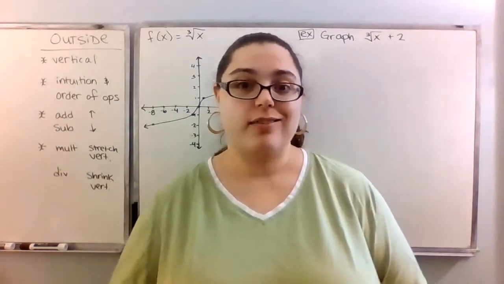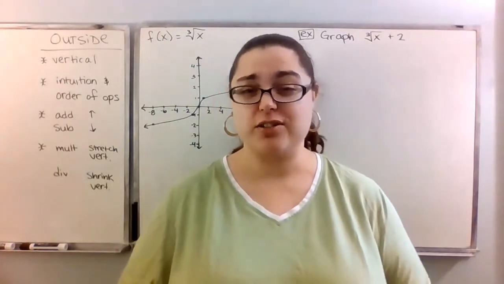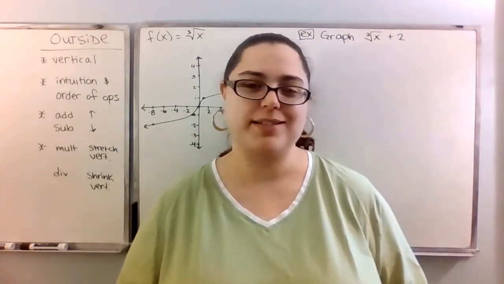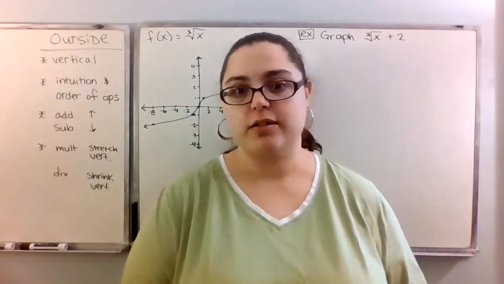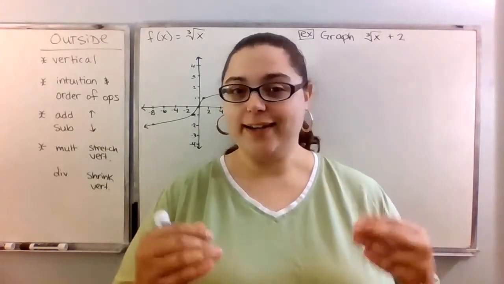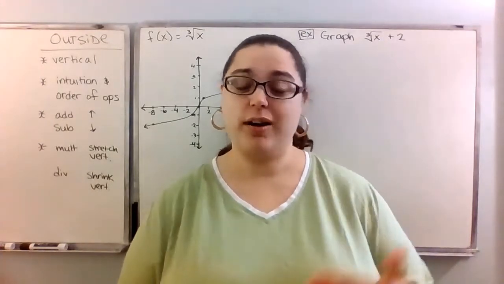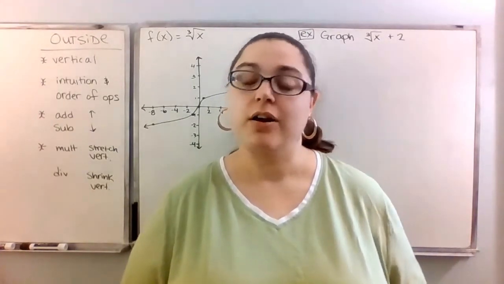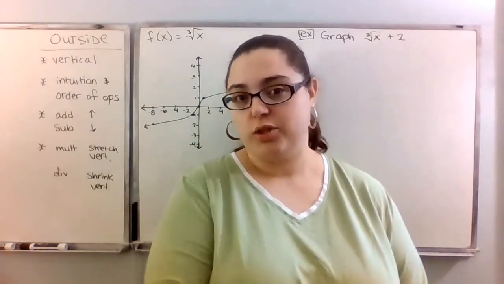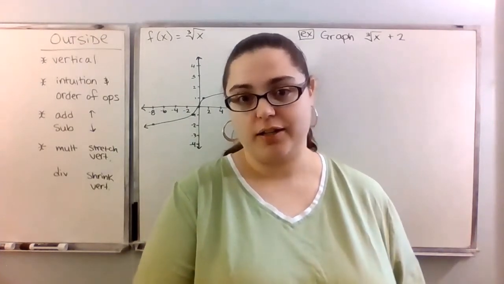So it turns out in those situations that the transformations are a lot easier than trying to find a table of points, because it's not always clear what points are going to be really nice to use. So for right now, we're using a function where a different technique might seem easier, so that if we wanted to check our work, we could use that easier technique and be confident in our answers.